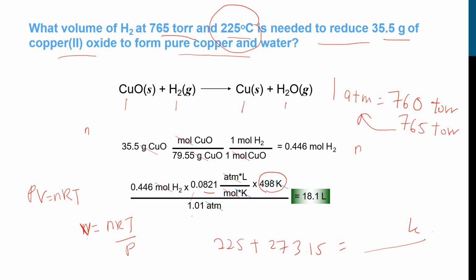So you akan dapat 1.01. So this one untuk P, lepas tu convert. So you masuk dalam formula, you will get the answer is 18.1 liter. Alright, okay.